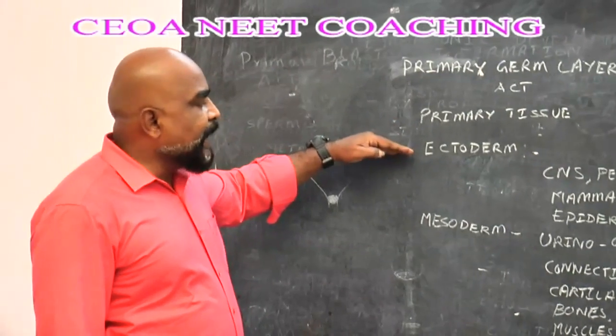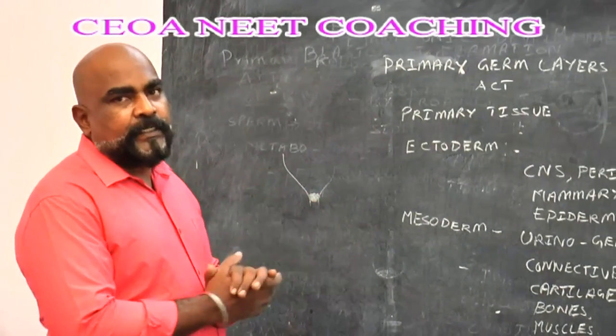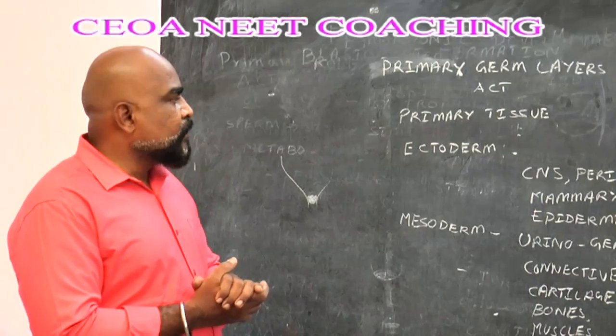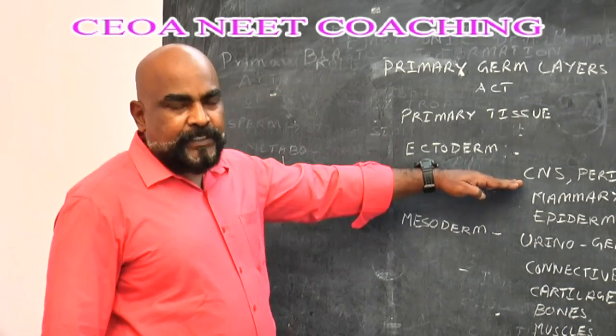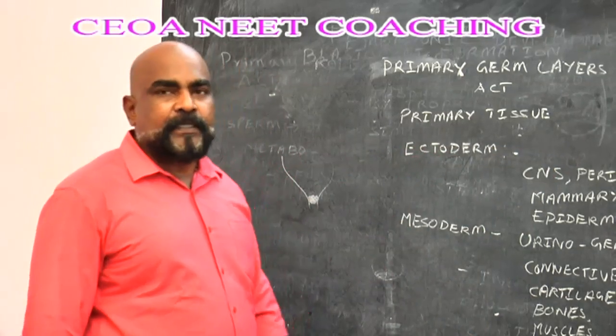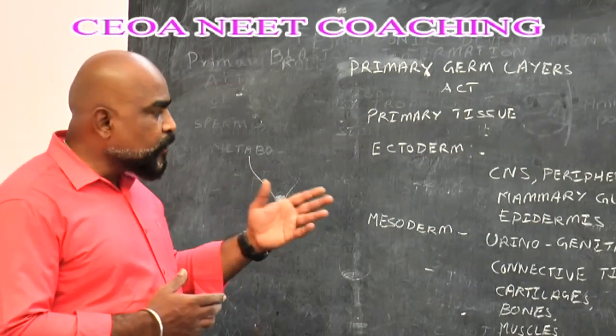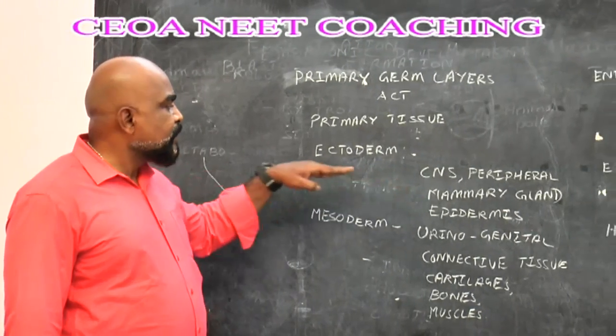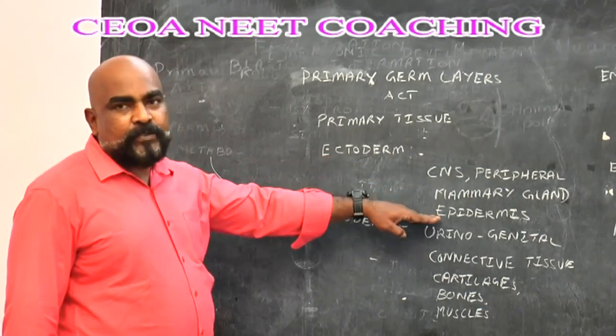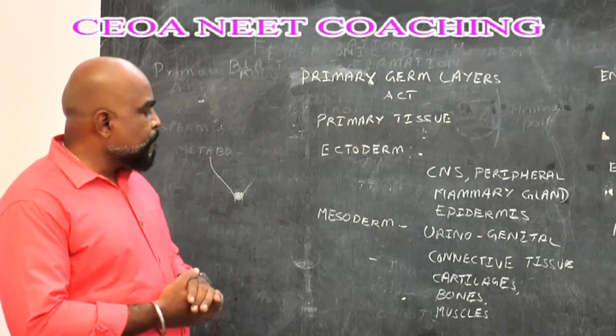The first layer, ectoderm: ecto means outside, derm means skin. So this develops into the nervous system, the central nervous system and peripheral nervous system. Apart from this, it also gives rise to the mammary glands. And since it is ectoderm, it gives rise to the epidermis.